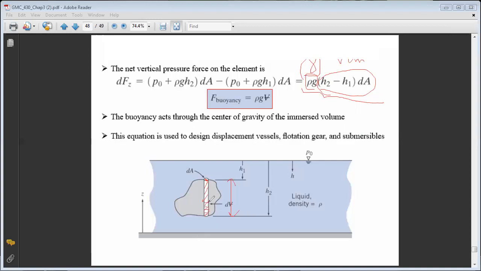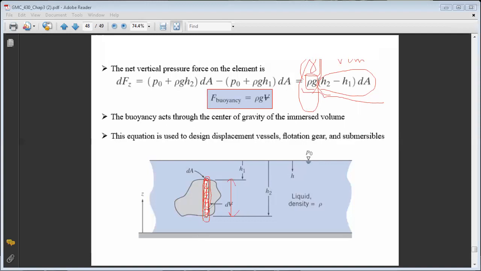displaced volume of fluid. We call this volume that because the body has taken the place of a certain volume of the fluid. So it's the replaced volume, or displaced volume. Since I'm multiplying this displaced volume by gamma of fluid, it will not represent the weight of this part of the body.